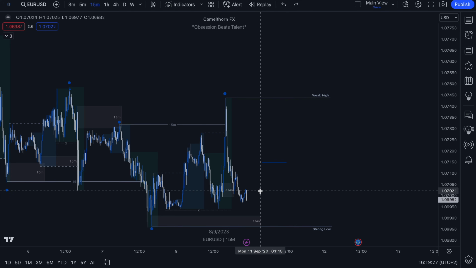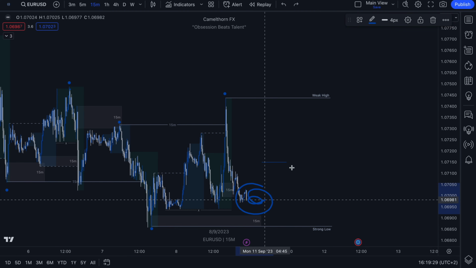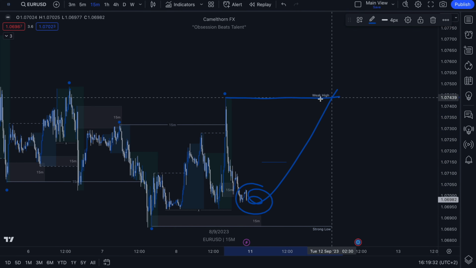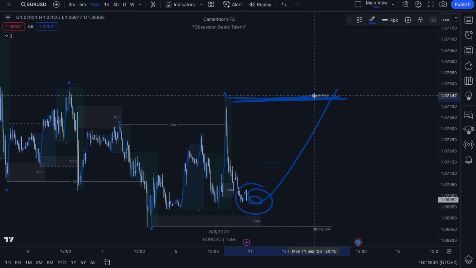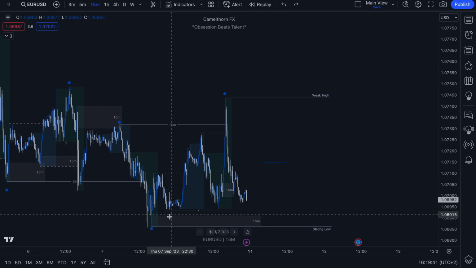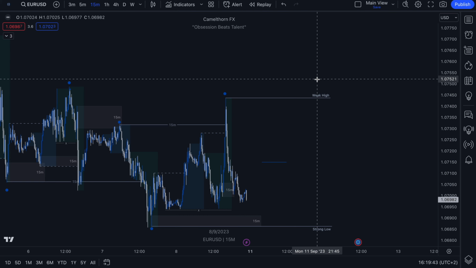I would much rather see price action trade higher from this area and give me another bullish break of structure here on the 15-minute, just to give me a bit more confirmation, a bit more confluence that indeed my 15-minute has shifted bullish and my 4-hour pullback has now occurred.